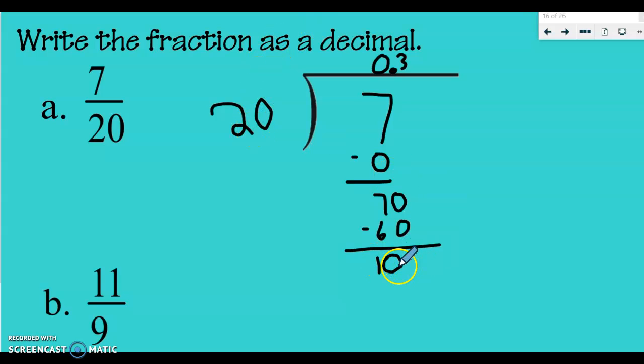So 20 goes into 10 0 times, but since you added the decimal, that helps out. You can add a 0 down here. 20 goes into 100 5 times. So minus 100. That's 0. So your answer is 0.35.